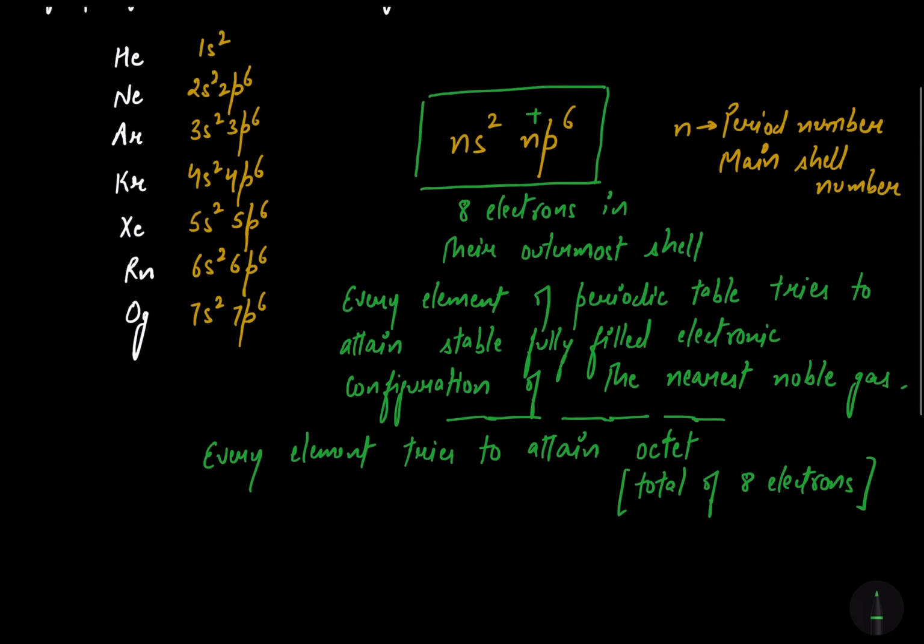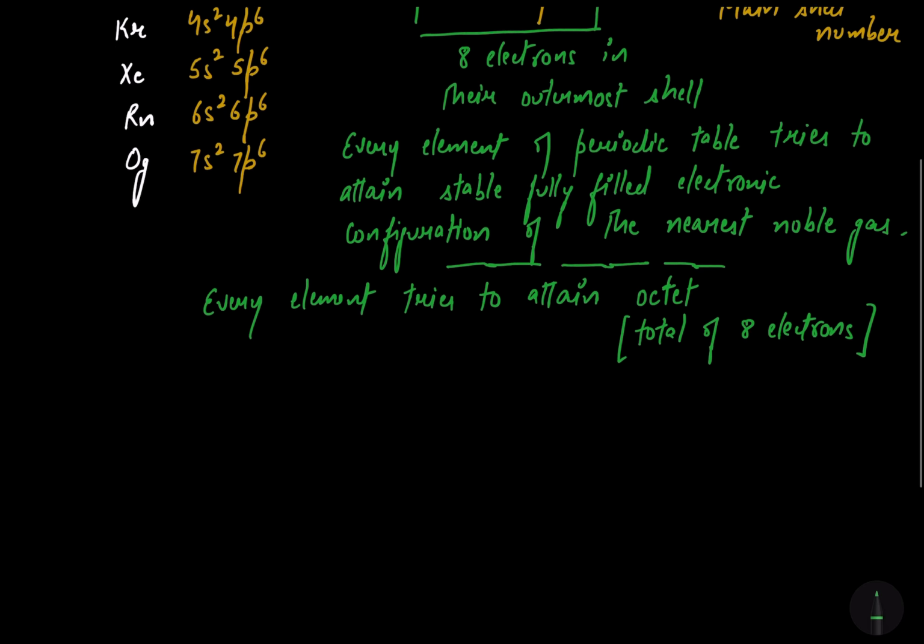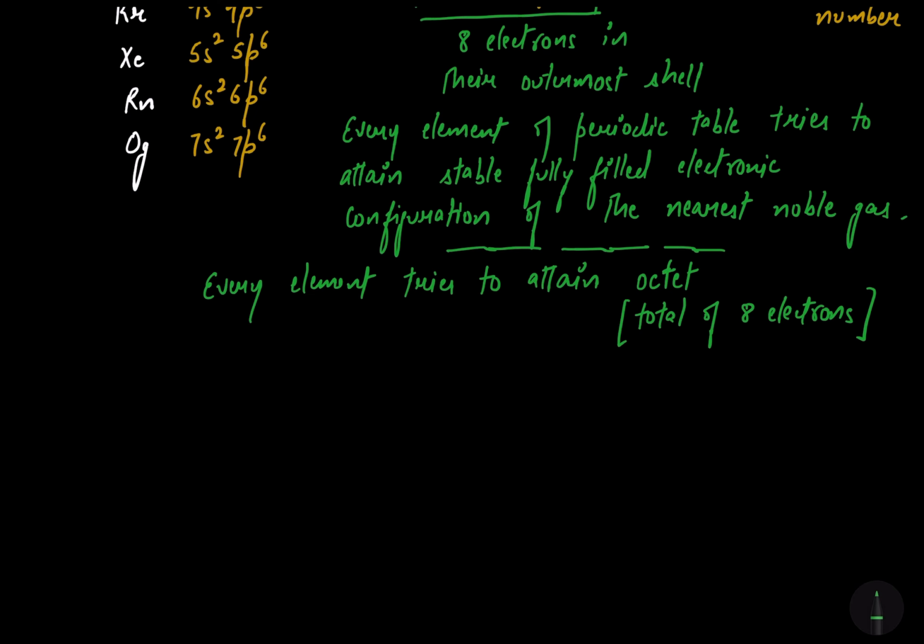Why a total of 8 electrons? Because ns2 np6, the 6 plus 2, comes out to be a total of 8 electrons in the outermost shell. Every element tries to attain an octet, that is a total of 8 electrons in its outermost shell.